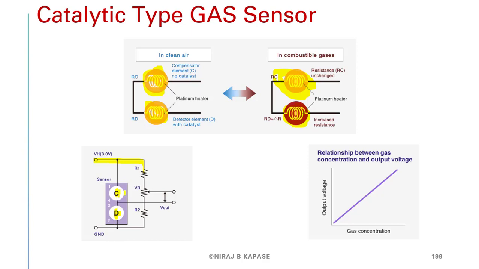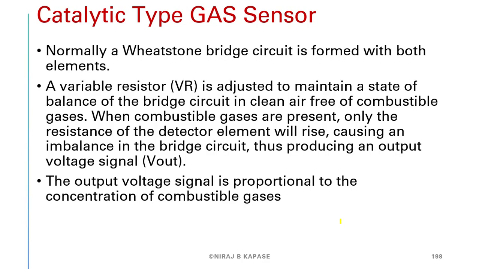Due to the change in the air composition, the variable resistance will change, and this is proportional to the gas concentration. We form a voltage divider network to get the proportion of what type of gases are present. Normally a Wheatstone bridge circuit is formed with both elements.